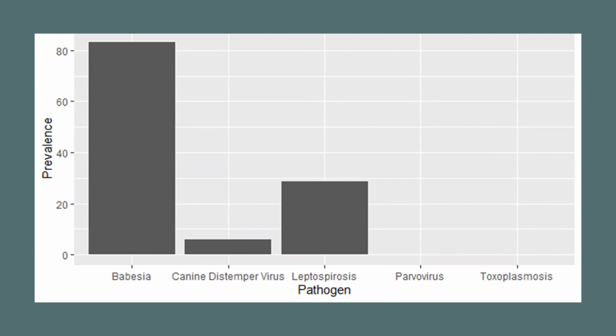And ultimately, I detected 3 of the 5 pathogens that I tested for. So I detected just over 80% prevalence of babesia, about 5% prevalence of canine distemper virus, and just under 30% prevalence of leptospirosis. But I did not detect parvovirus or toxoplasmosis in the striped skunks in the study.